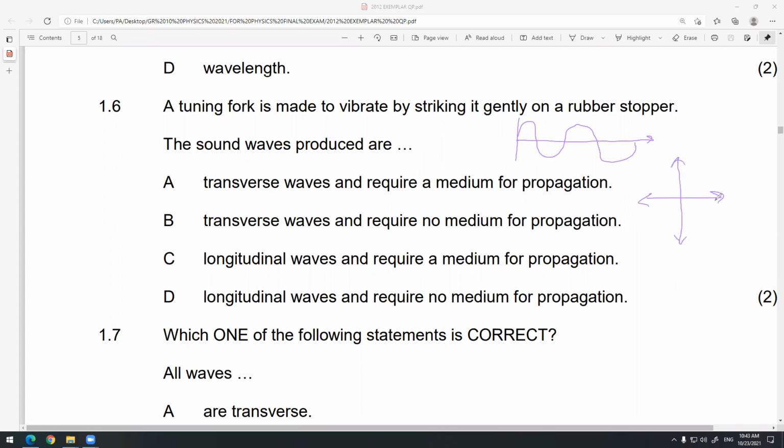So this direction is for our waves, and this direction is for particles. For example, this particle is going up, and when you come to here, another particle is going down. The direction of particles is perpendicular to the direction of the wave. This one is a transverse wave, all right.